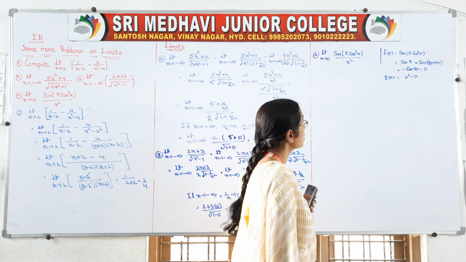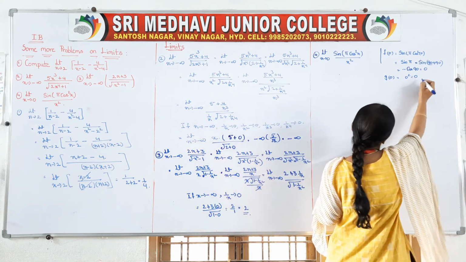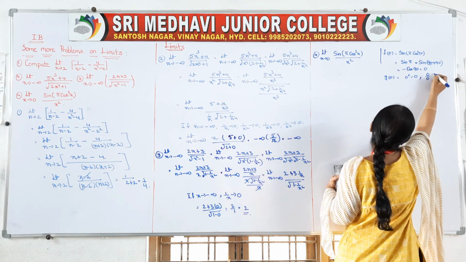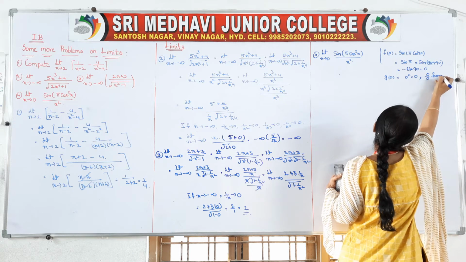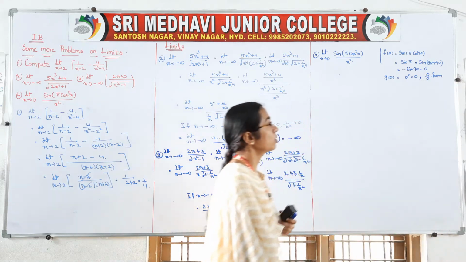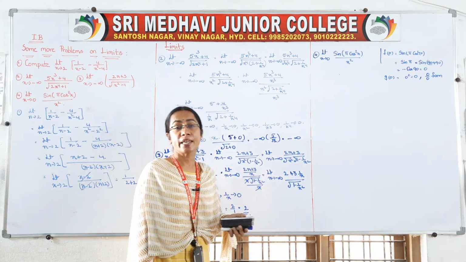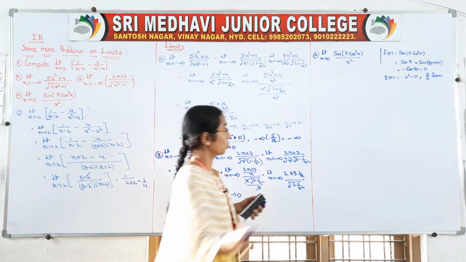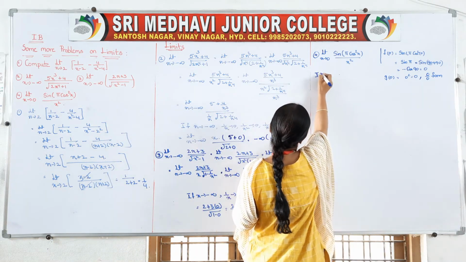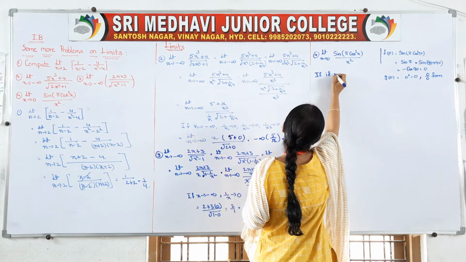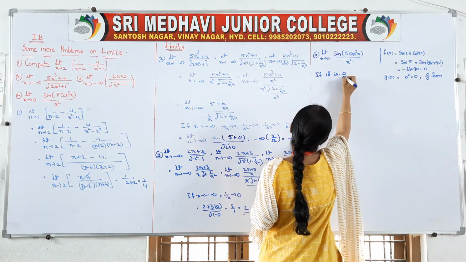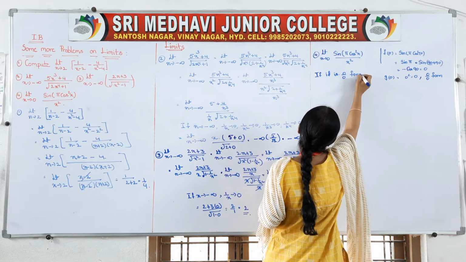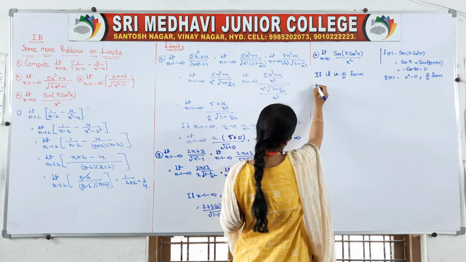So we got which form? 0 by 0 form. So whenever it is 0 by 0 form, we can apply L'Hospital rule also, right? If it is 0 by 0 form, we can go for L'Hospital rule.